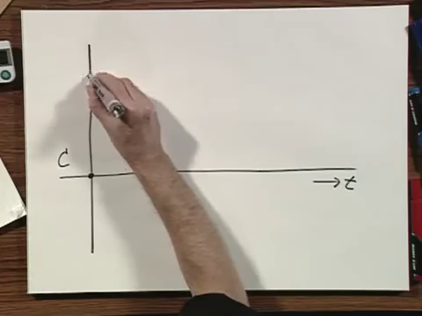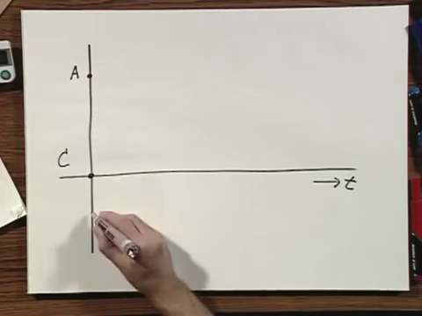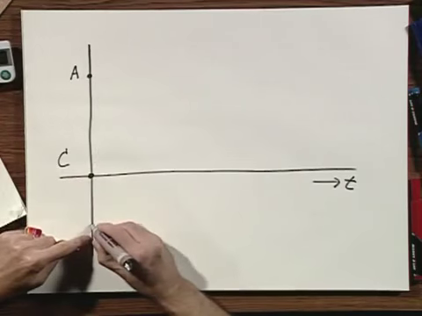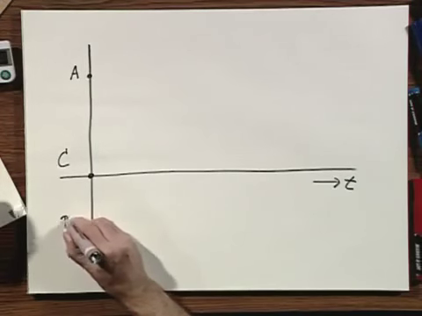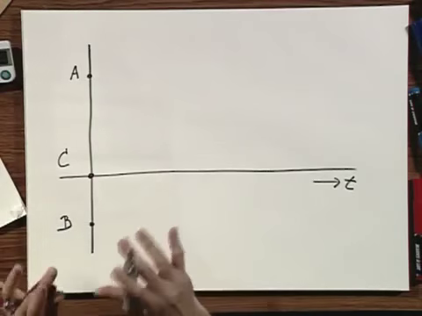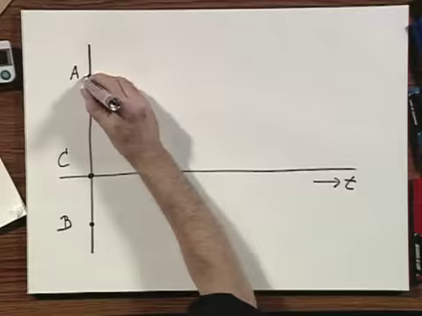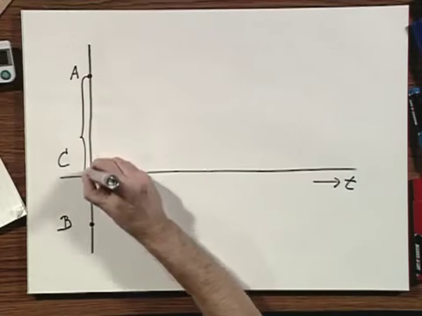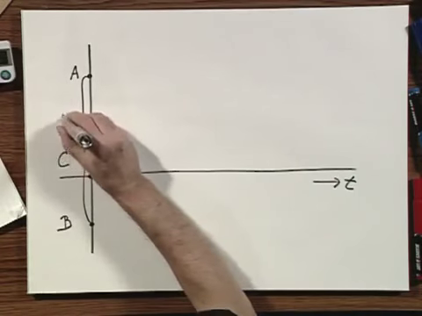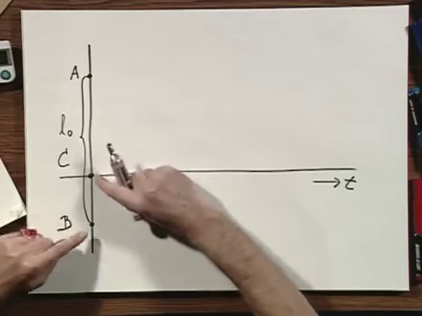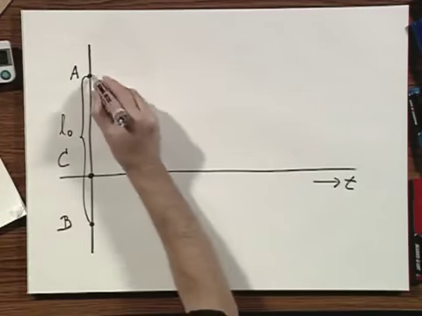Let's assume that A was here originally in a relaxed position, and that B, which must be half this, is here. This is when the situation is completely relaxed. In other words, this has length L0, and this is 2/3 L0, and this is 1/3 L0.